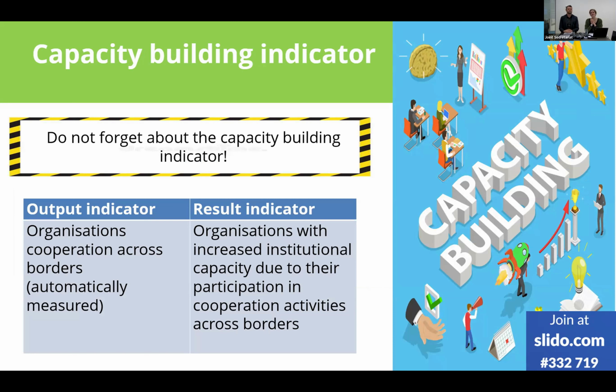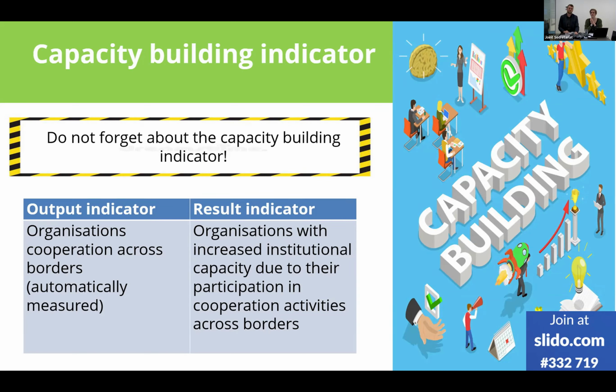And this is because the online monitoring system is automatically measuring this for you, because it measures the amount of partners that are working together in your project. However, you have to manually fill in the respective result indicator about capacity building. So increased institutional capacity at certain organizations.